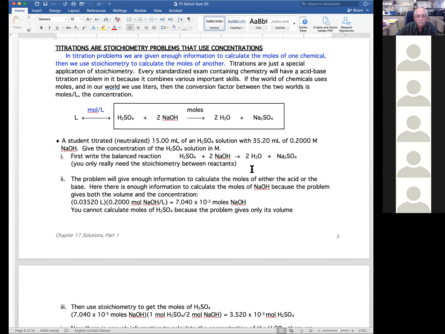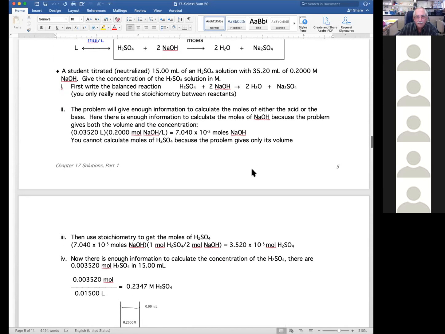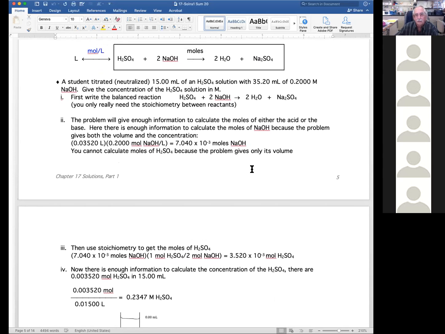And then the problem gives you enough information to calculate moles of either the acid or the base. So look what we have here. Here's for the acid, here's the volume. They don't give us the moles per liter. We cannot calculate moles of the acid from that information. What about the base? Here's essentially the liters, here's the moles per liter. We can calculate the moles of the base.